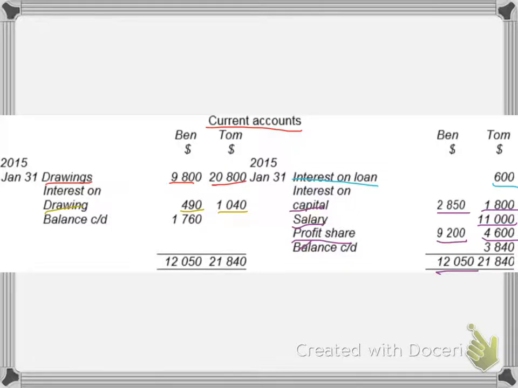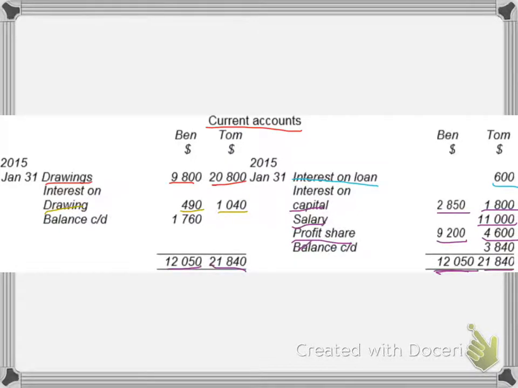So when you calculate the balances of Ben debit side and Ben credit side, the credit side amount is high. So we record 12,050. And when we calculate Tom's debit side and credit side, the debit side amount is higher. So we record that as well.